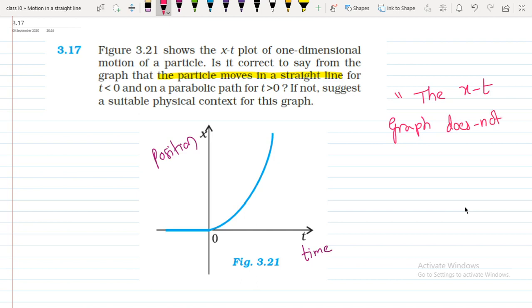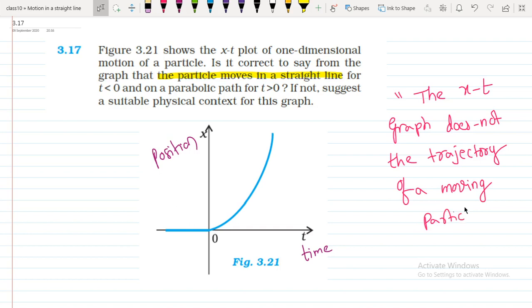We cannot say by observing a position versus time graph the trajectory of a moving particle. So this is not enough knowledge to understand the trajectory of the path from the position versus time graph.